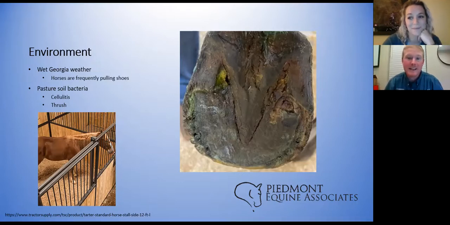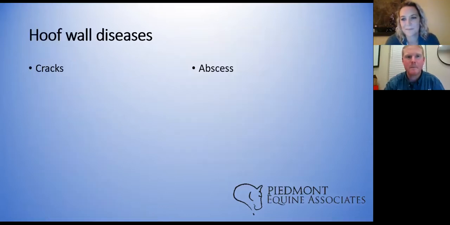And so that makes the horse's hoof soft. And so those are all things that can create lameness issues and problems. So, but yeah, I think that's a big factor in a well-balanced foot and the hoof care, is the environment too.